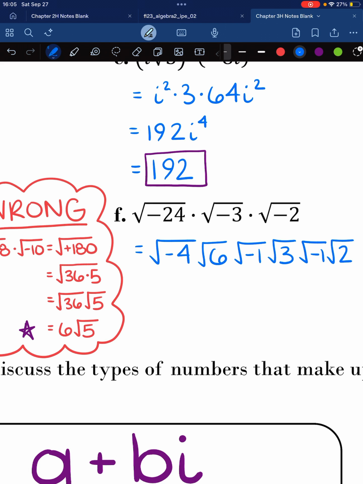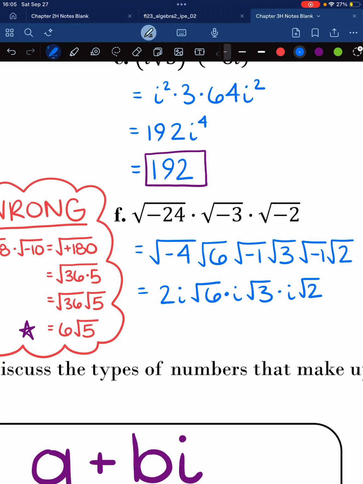I broke up all of those and pulled out that imaginary unit. And to go back to my phrase, pulling out the i's, we know that a negative is going to turn into an I. So you could just instead of writing negative 1, write an I to begin with. But I end up with 2i square root 6 times I square root 3 times I square root 2.